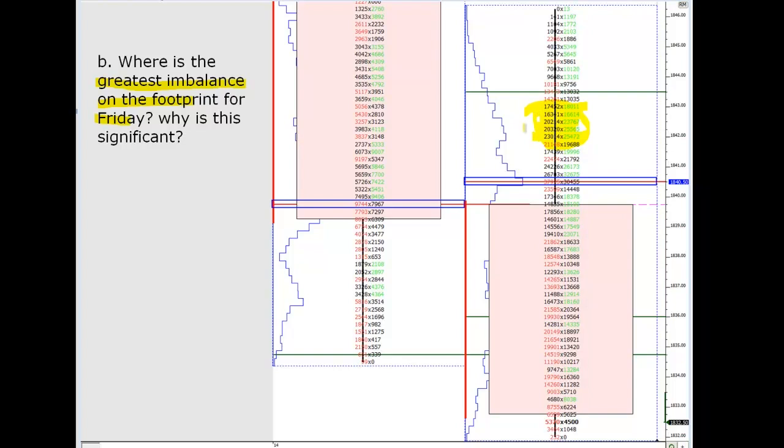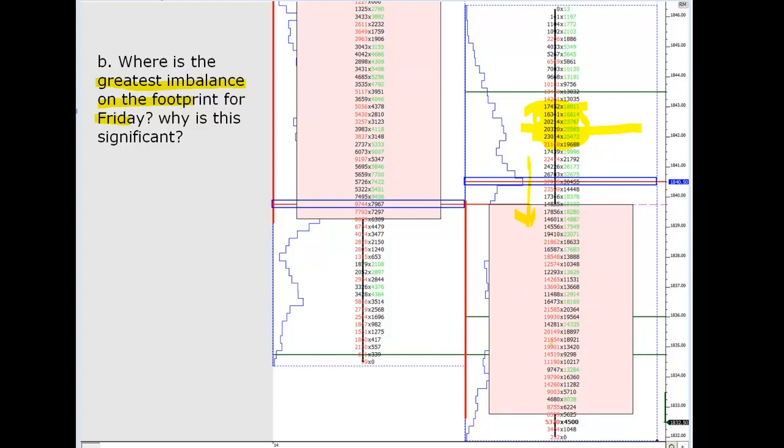We know that this is likely to be a level of resistance because this buyer here had a very difficult time overtaking the seller, and the seller was able to supply them and push things lower.